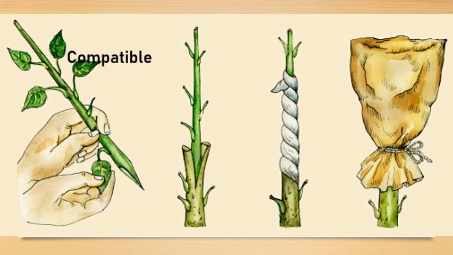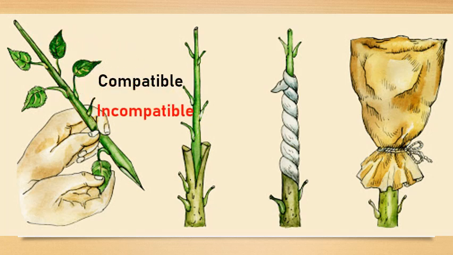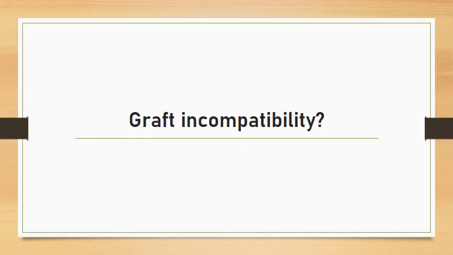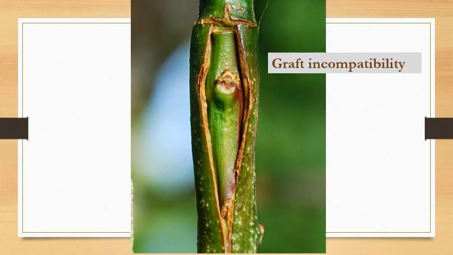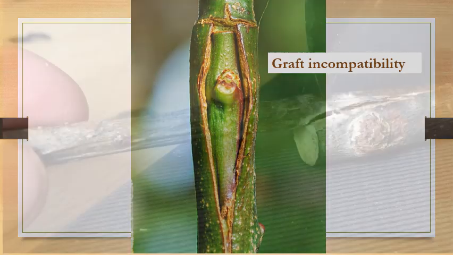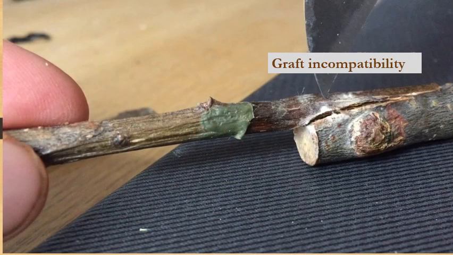As you learned in the previous topic, compatibility between rootstock and scion is one of the key factors that contribute to successful grafting, and the opposite of compatibility is incompatibility. So, what is incompatibility? Graft incompatibility refers to the inability of rootstock and scion to form a successful graft union and to develop into one composite plant.